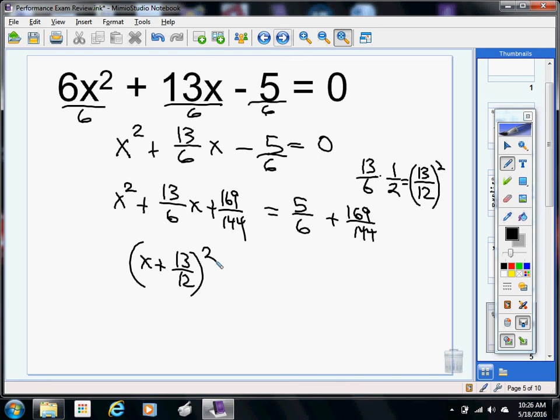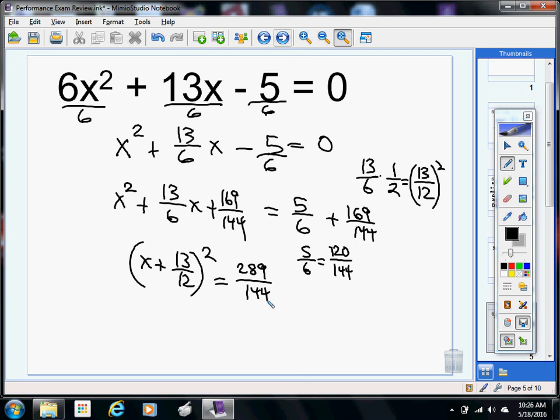So the common denominator is 144. Okay, so I got to change 5/6 to some number over 144. Guys, if you take your calculator and say 144 divided by 6, you'll see that it's 24. If you take 24 and times it by 5, you'll see that that is 120. So now what I have is 120 plus 169 over 144. Guys, that's 289/144.